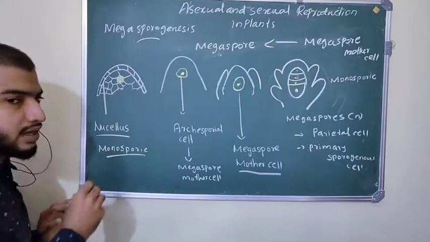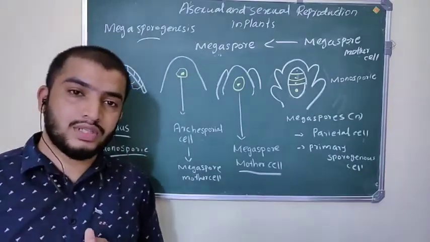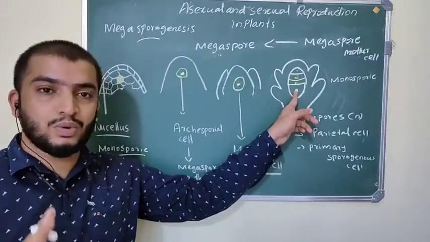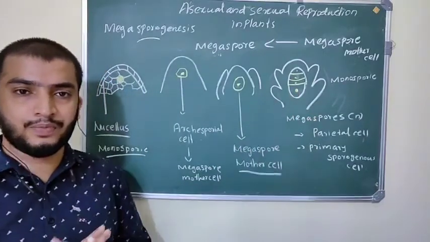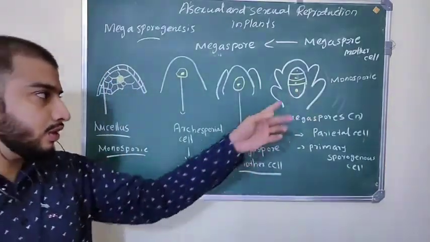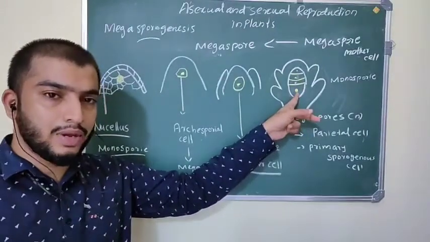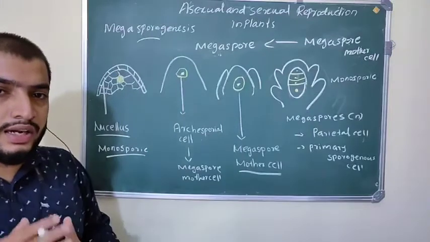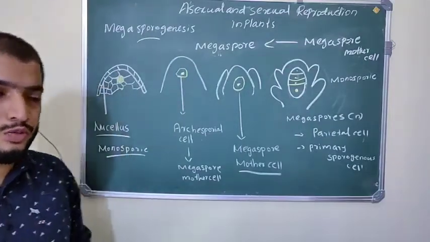It is the development of the embryo sac from only one functional megaspore. For example, here this cell alone becomes the embryo sac and the other cells degenerate.